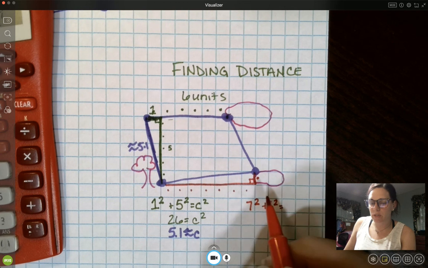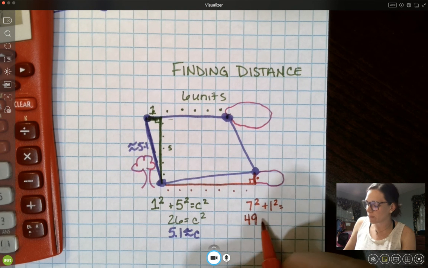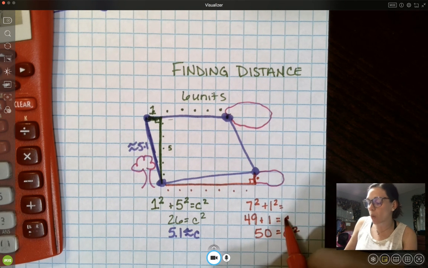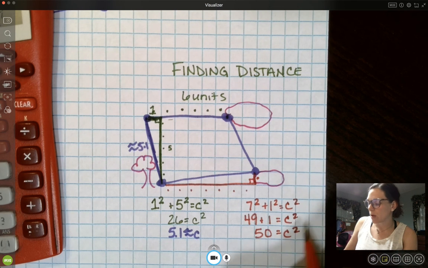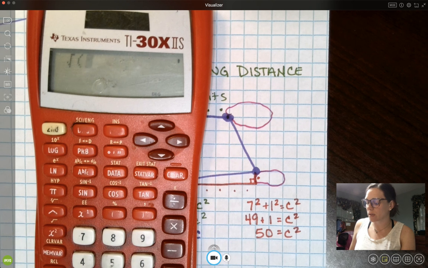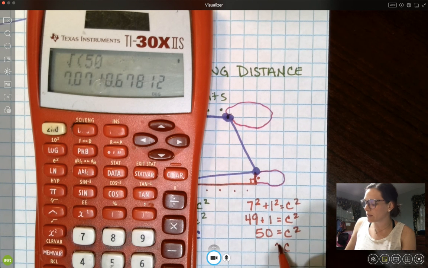So 7 squared makes 49. 1 squared makes 1. So we get 50 when c is squared. Now I have to take the square root of that answer. So we're going to go second, x squared, 50. This length here is approximately 7.1.